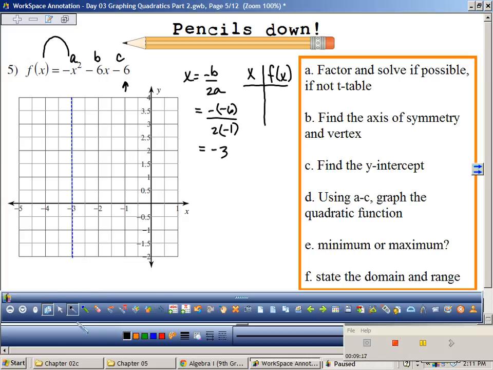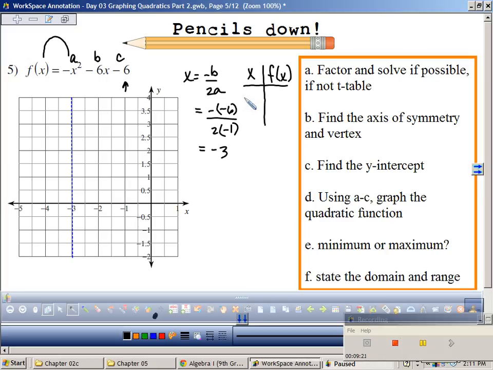So the first value that I want to substitute in would be -3. I want to find where my graph is going to lie on this axis of symmetry. This number right here is my first value that goes in my table.